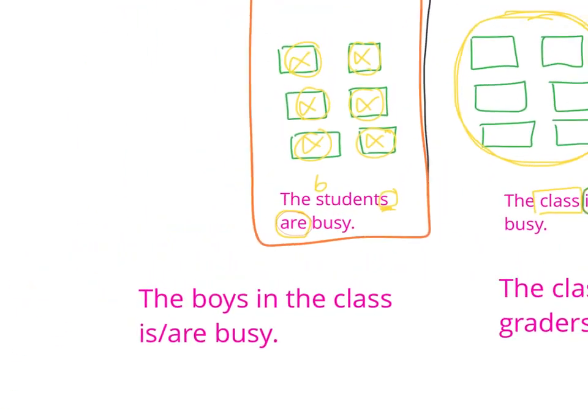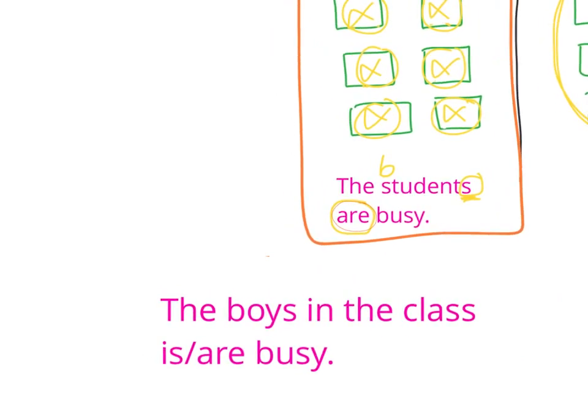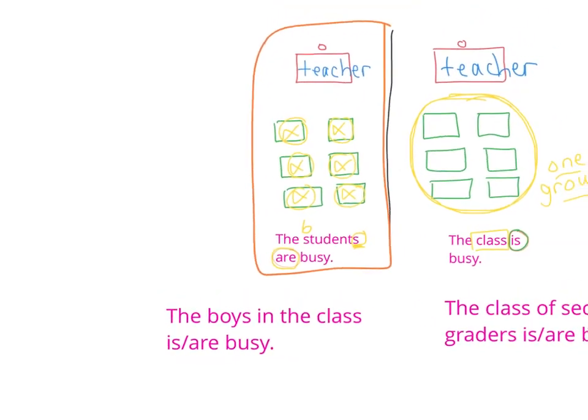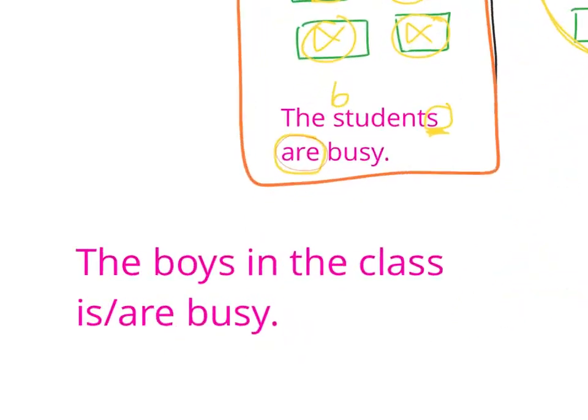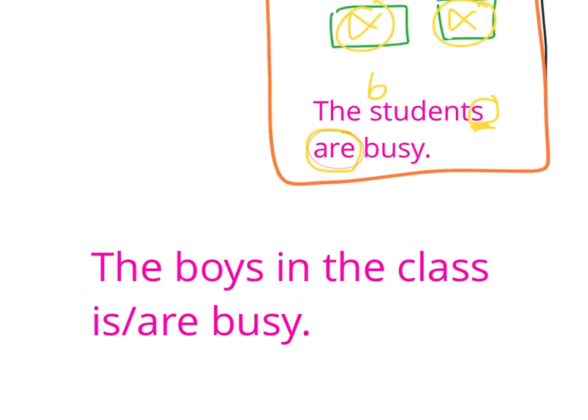So in this sentence, we say, the boys in the class is or are busy. Well, this is a tricky sentence because usually we find the verb, okay, so it's either going to be this or this, and then we look at the noun that comes before it.